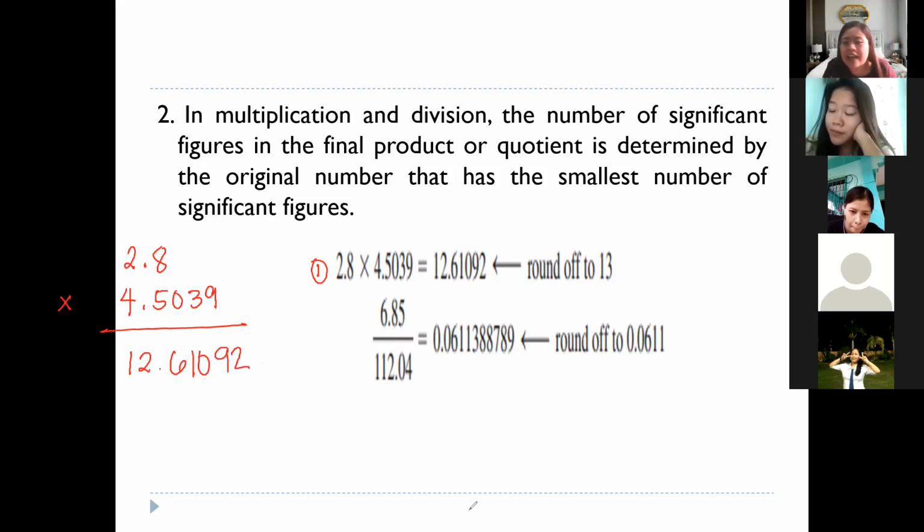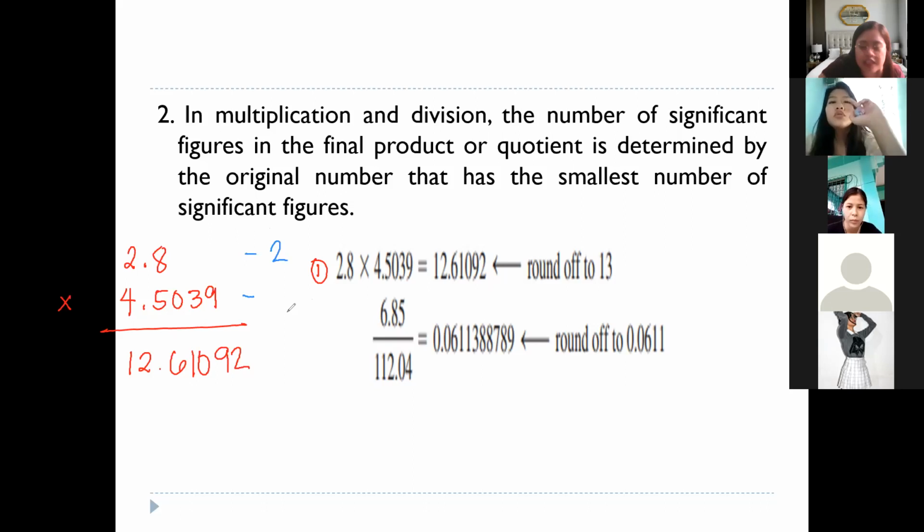Do not forget that this is not the final answer yet because we need to follow the rule that we round it off to the lesser significant figures. So the first given, how many significant figures do you have here? 1 and 2. 2 significant figures. And then for the second one, let's count 1, 2, 3, 4, 5.